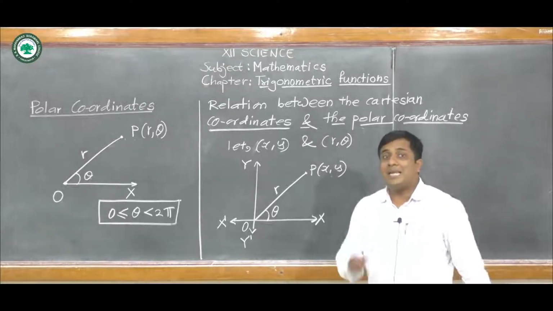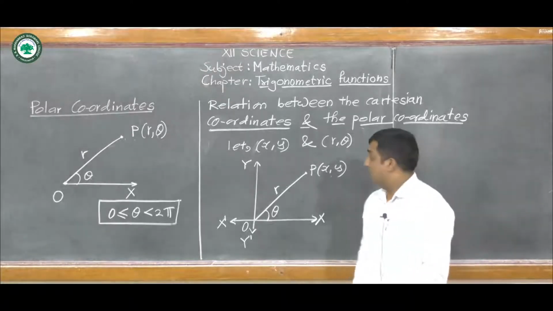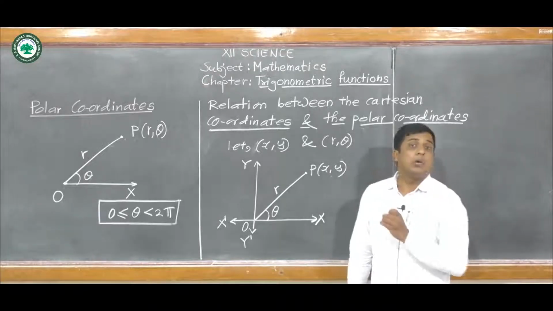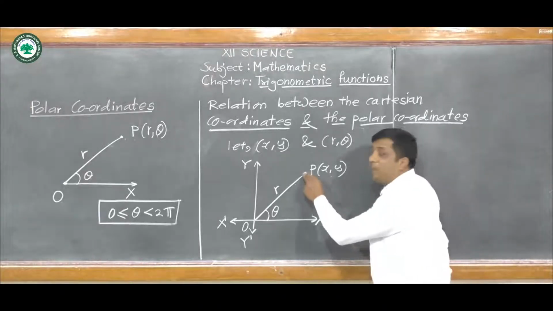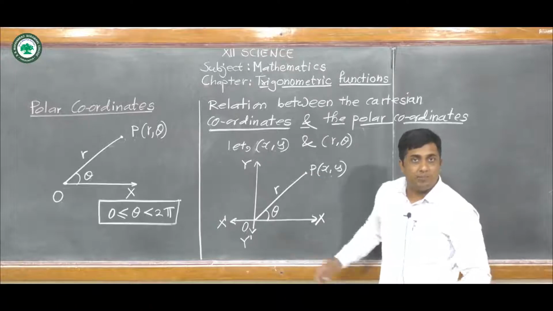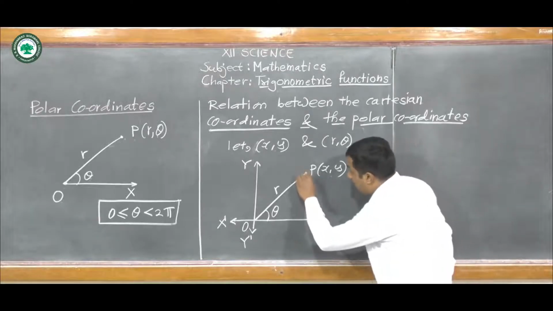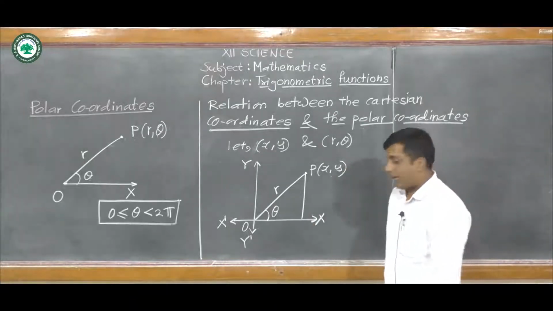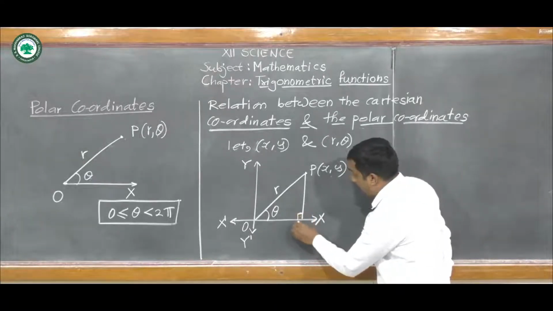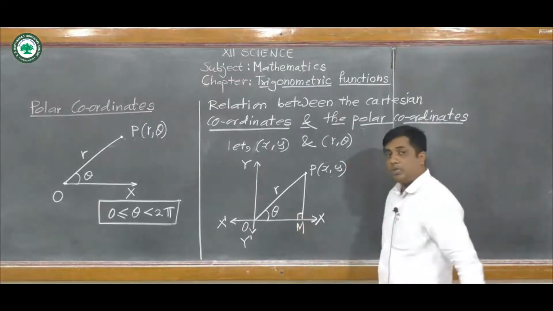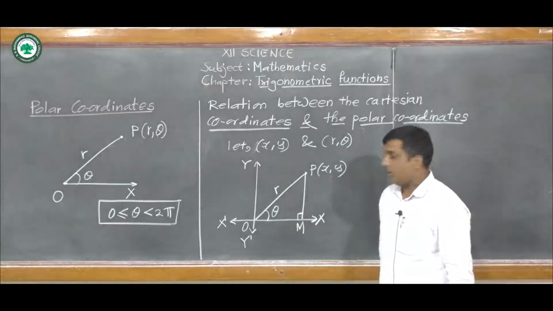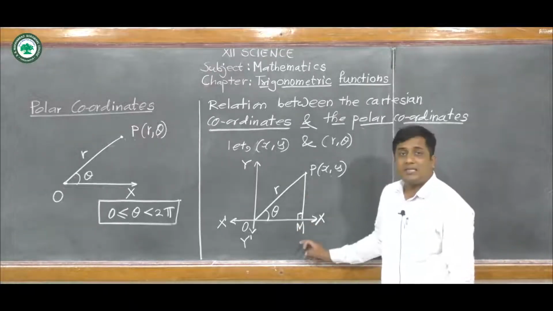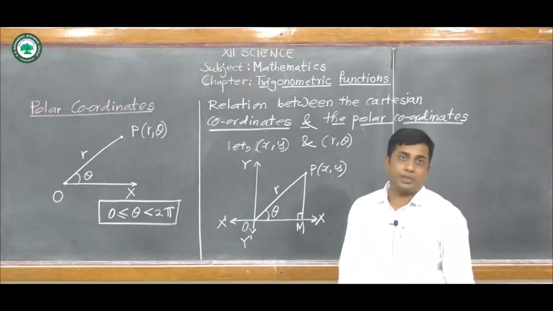Now to define the relation, we draw one perpendicular from this point P to the x-axis. So from point P we draw the perpendicular like this, meeting the x-axis at M. By using this concept we have to define the relation.